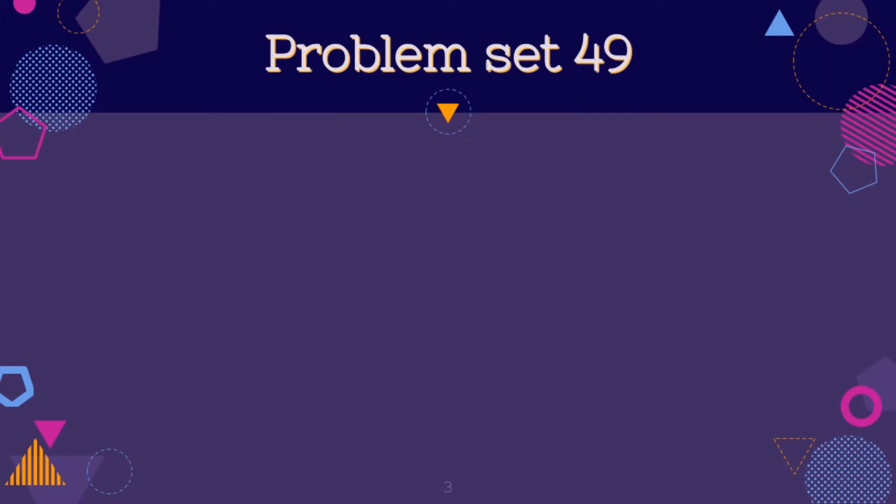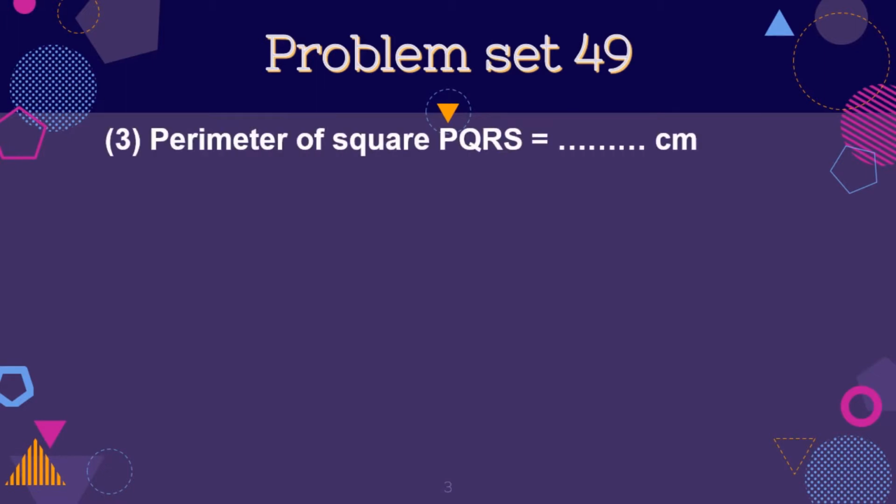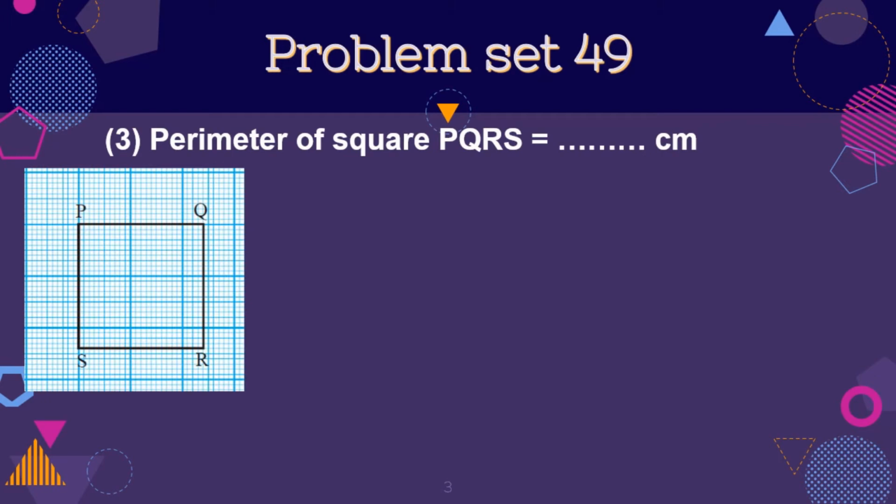Now here we have the next figure on the graph sheet, a square PQRS, and we have to find out the perimeter of this square. So first let us know the length of its one side using the lines on the graph sheet.